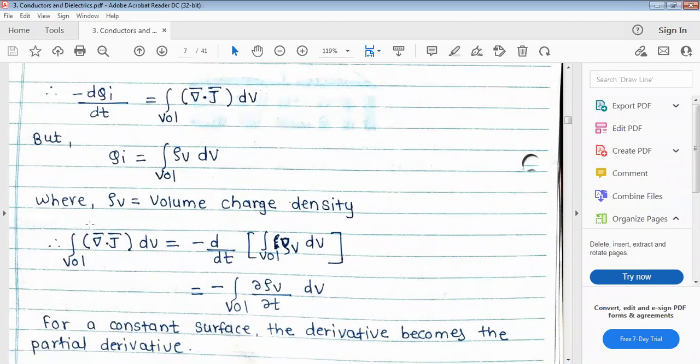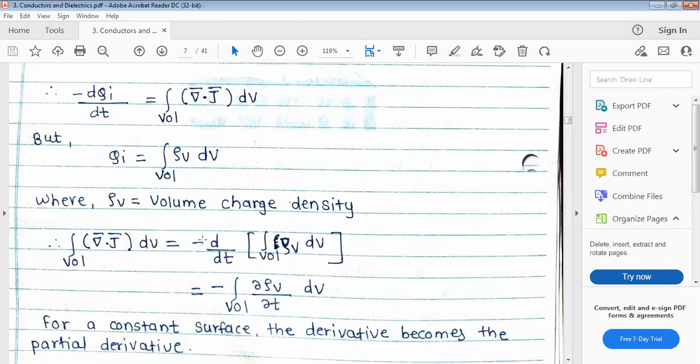Now we have to just put this in the equation of the volume integral. So the volume integral of del dot j bar into dv is equal to minus dqi upon dt. It is equal to minus d upon dt of this qi.